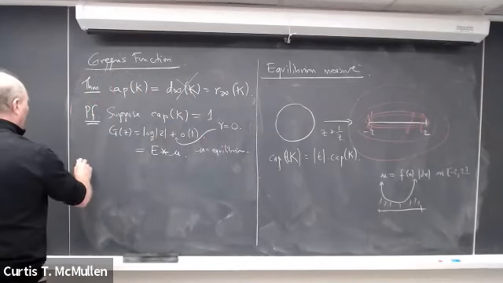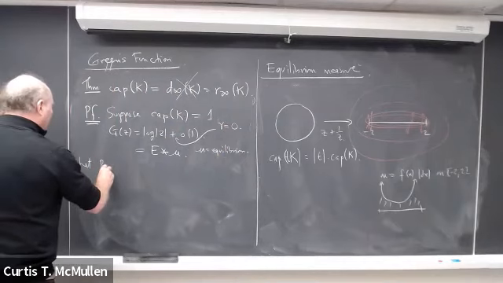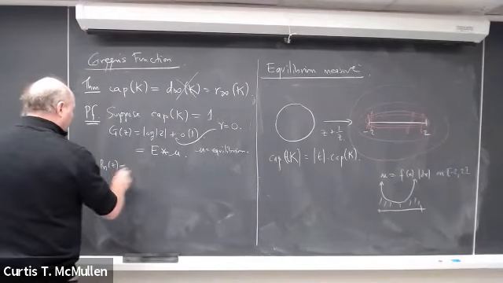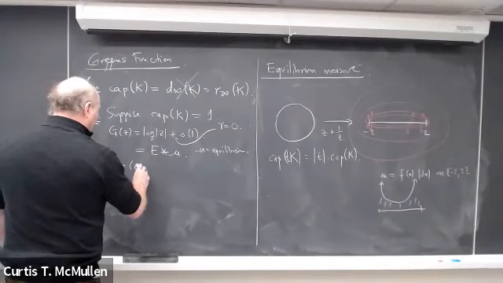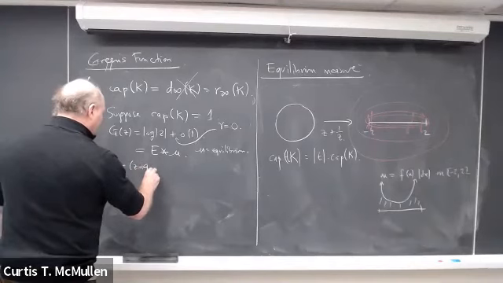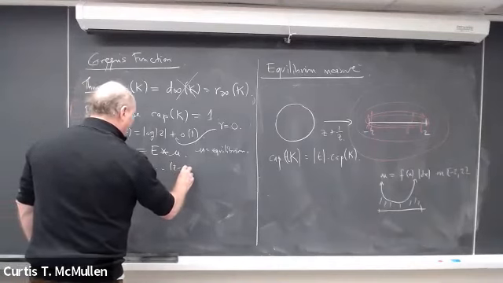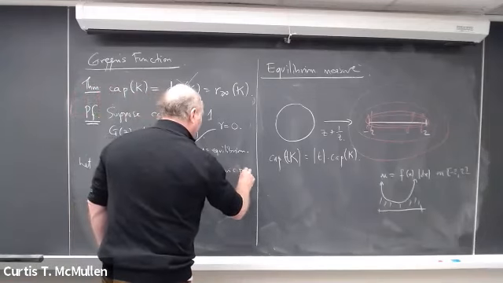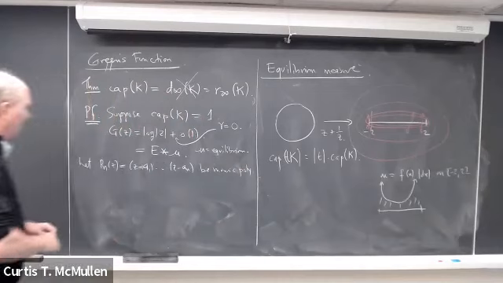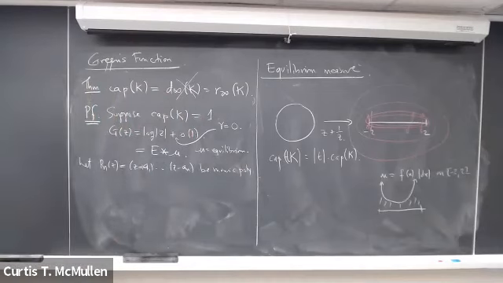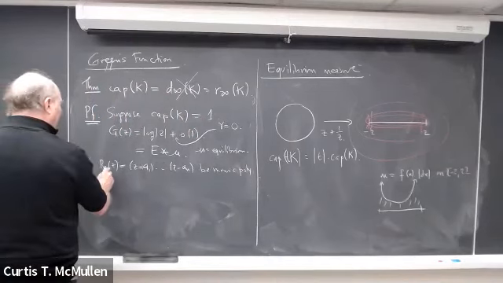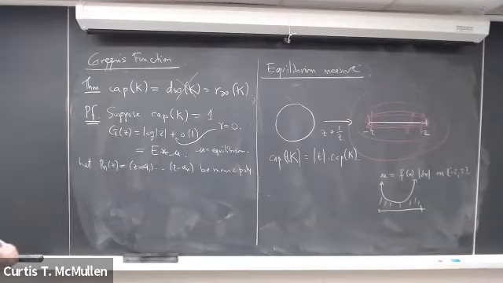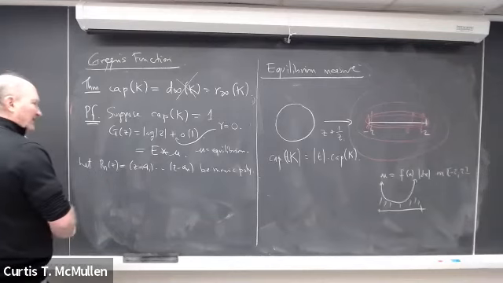And now we let Pn of Z, Z minus A1 to Z minus AN, be a monic polynomial. Now what we're interested in is studying the absolute value of this, and actually to the 1 over n.